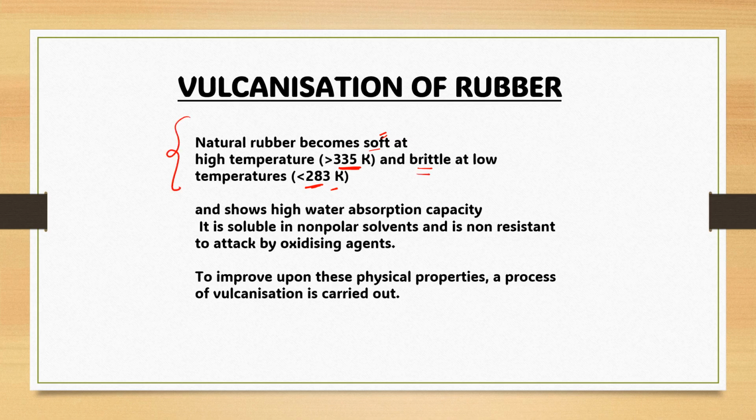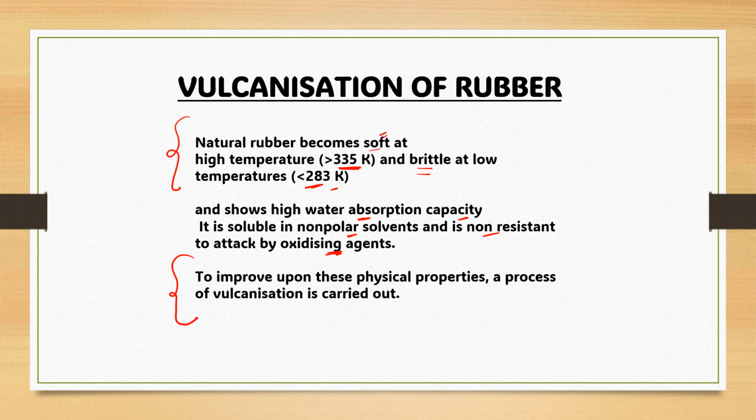To improve upon these properties, the natural rubber also shows high water absorption capacity, and it is soluble in non-polar solvents and non-resistant to attack by oxidizing agents. To improve upon these physical properties, a process of vulcanization is carried out.